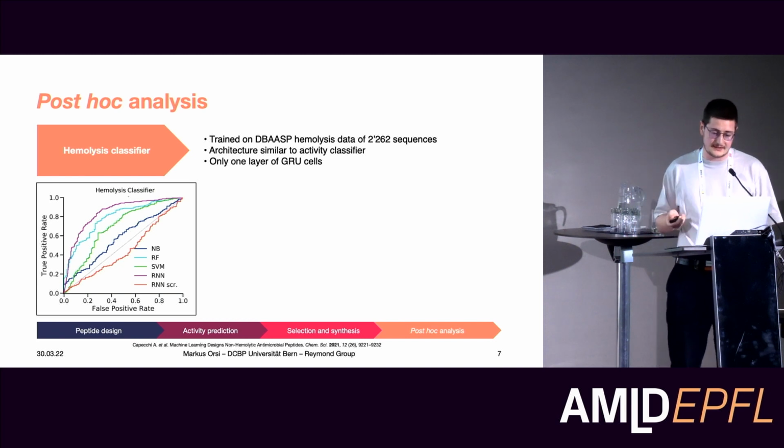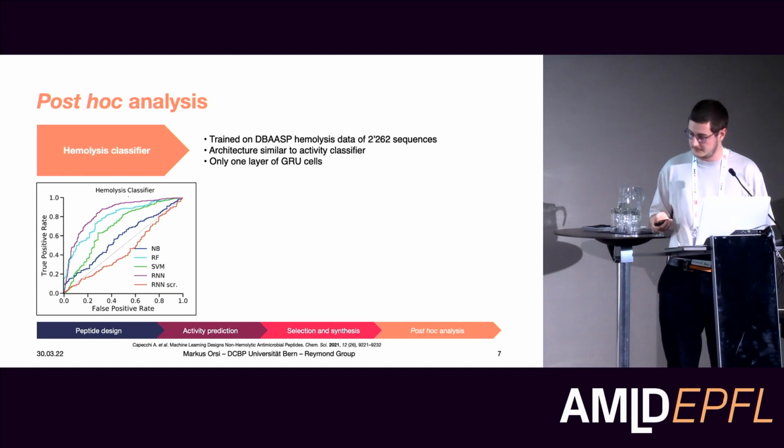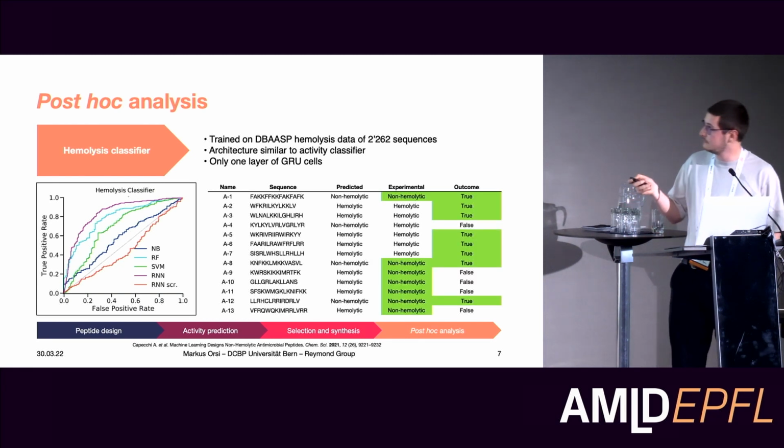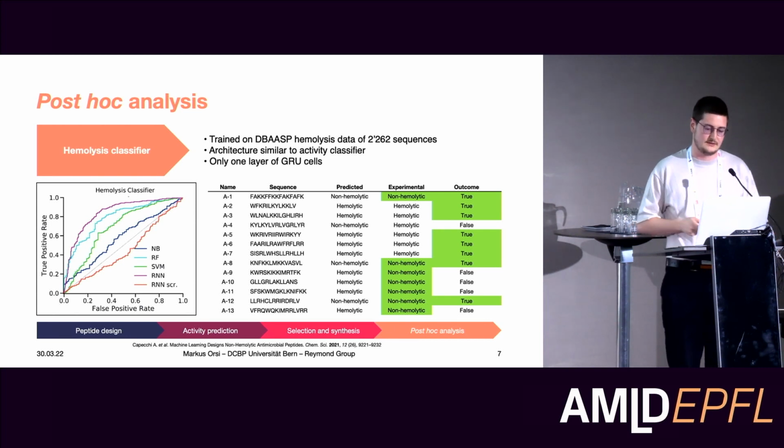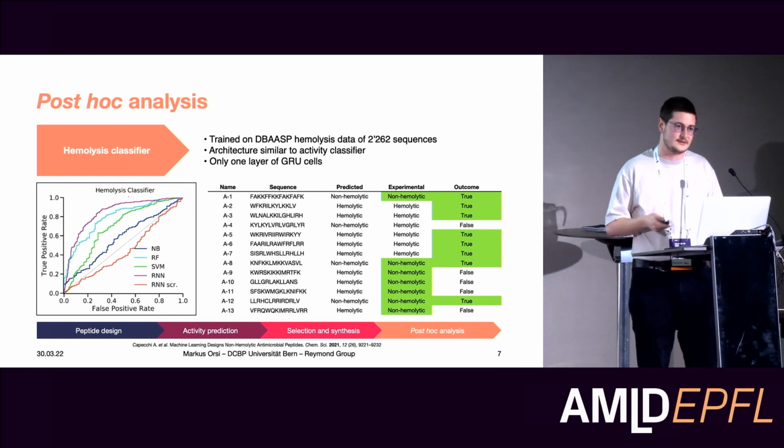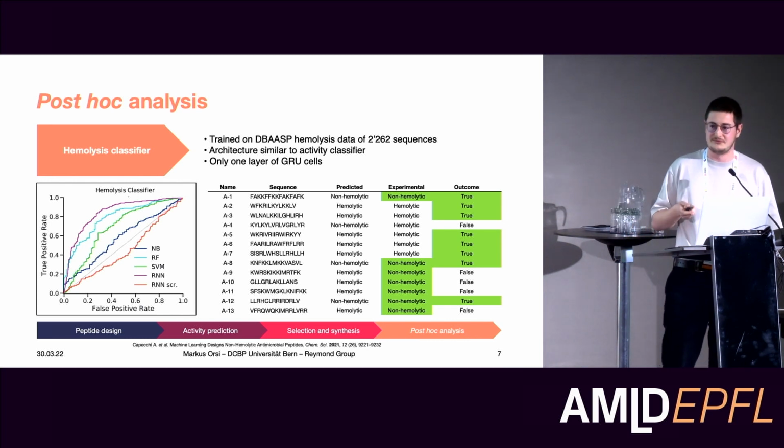So we applied this classifier on our 13 synthesized sequences. You see the prediction here and the experimental value here. We see that 7 of our sequences are non-hemolytic, and the prediction was correct in 8 out of 13 cases, which, if we ask someone from machine learning or data science, might not be very convincing.